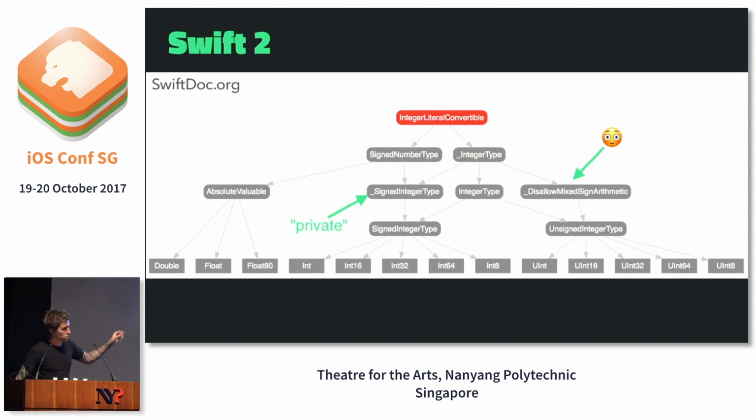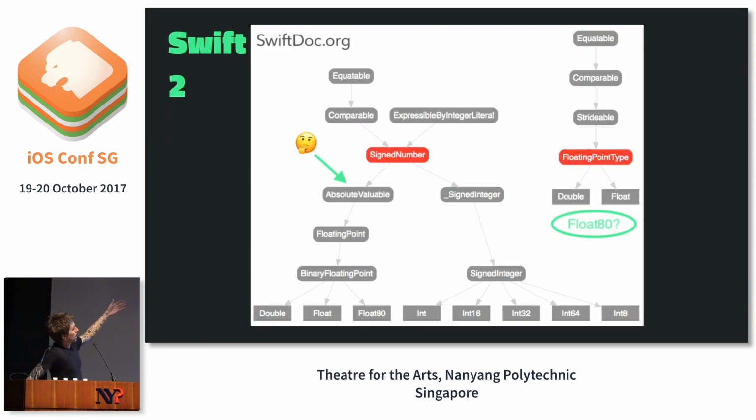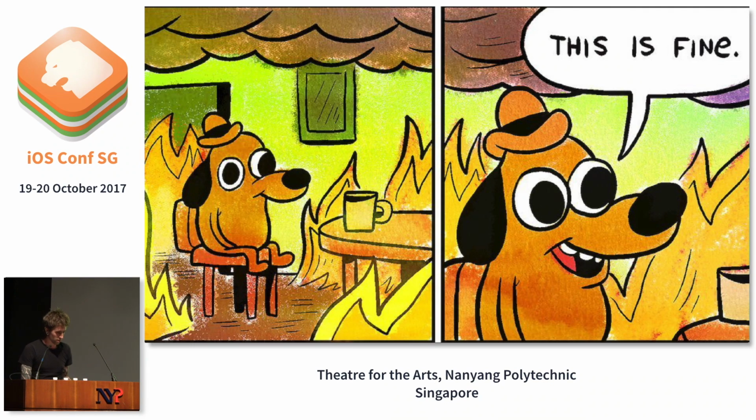You see these underscores, those are quote, private protocols because you couldn't really express certain things in Swift itself. So there are all these weird things in the standard library. In this other view, we have this absolute valuable protocol. Again, what does that even mean? And Float80 didn't even conform to the FloatingPoint protocol, so everything was working great.